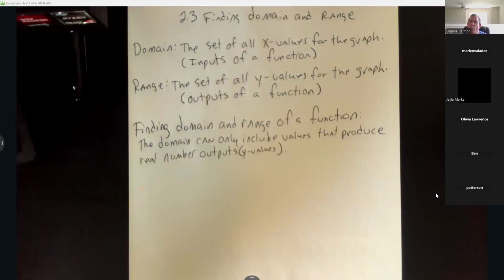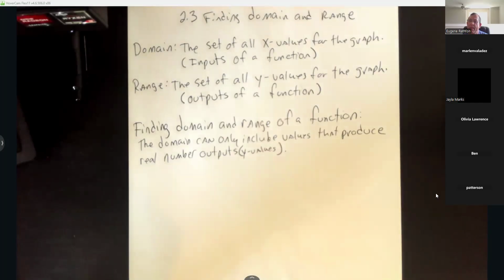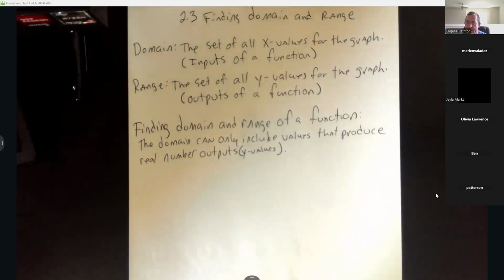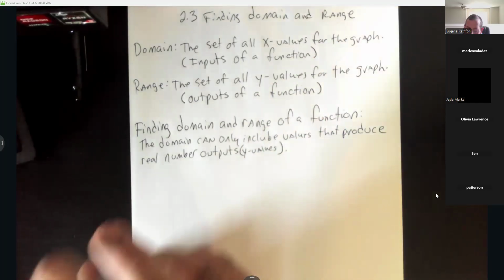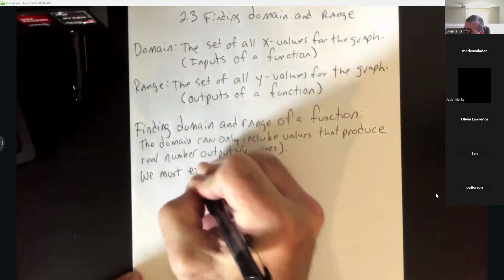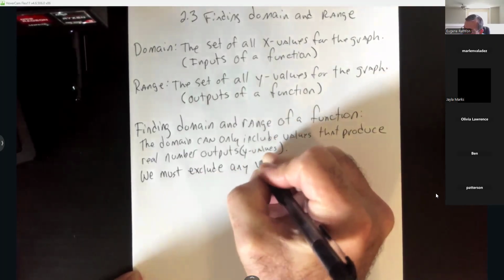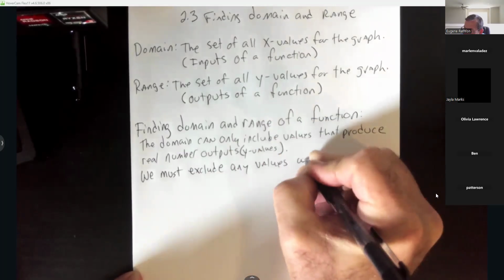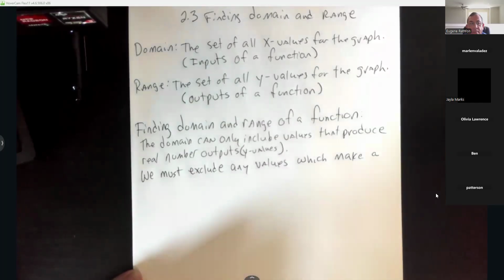And at this point with us, the only numbers we're going to be concerned with are numbers that make things undefined. Okay? So we must exclude any values which make a fraction undefined.